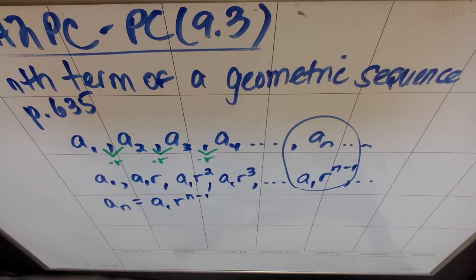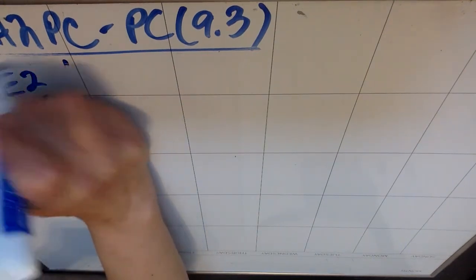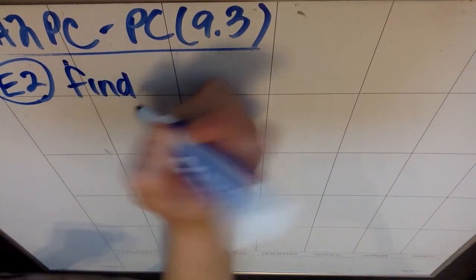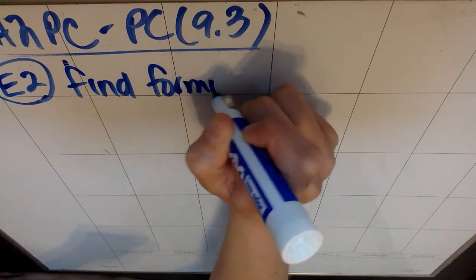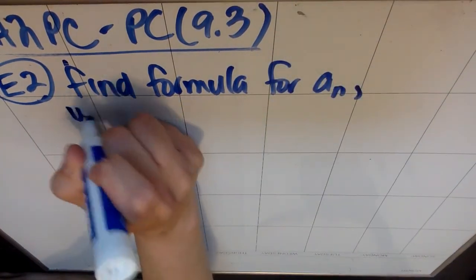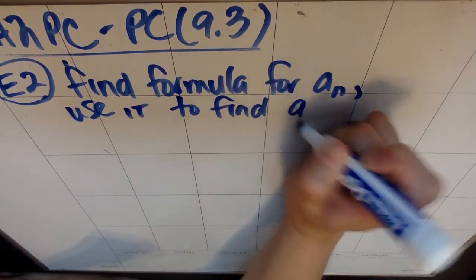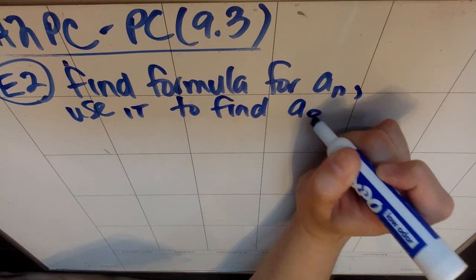So what we're going to do now is find the formula for the nth term and then use the formula for the nth term. So let's walk through an example 2. In example 2, we're going to find the formula for a sub n, and then we're going to use it to find a sub, I don't know, let's just go with 8, fine by me.